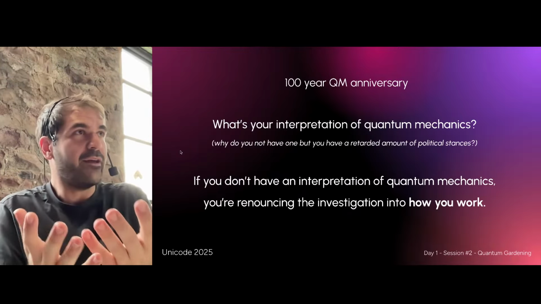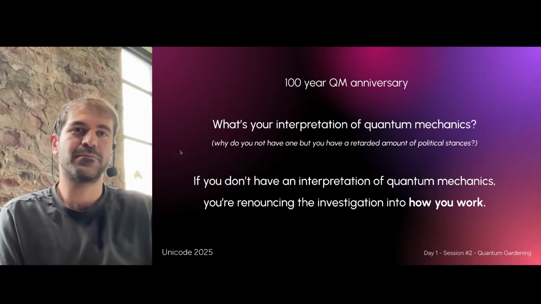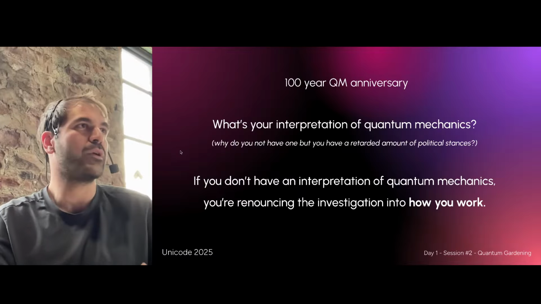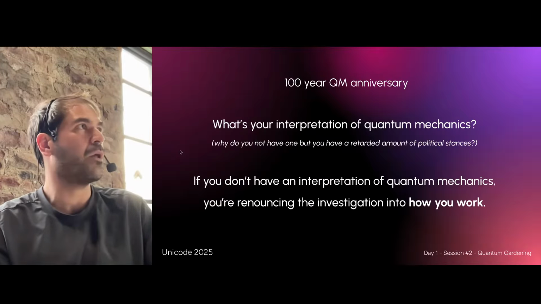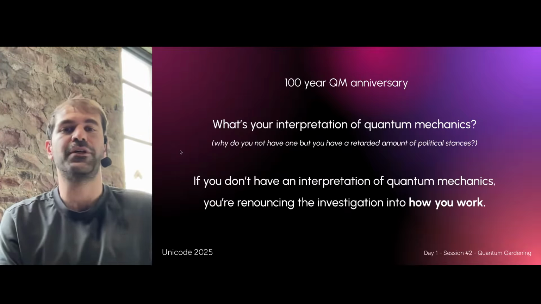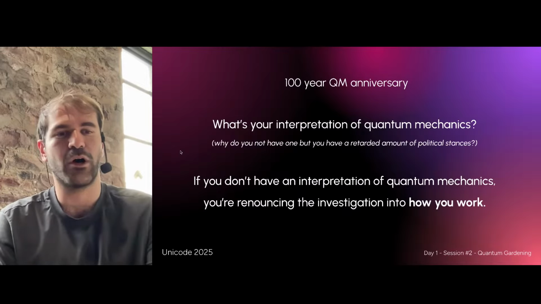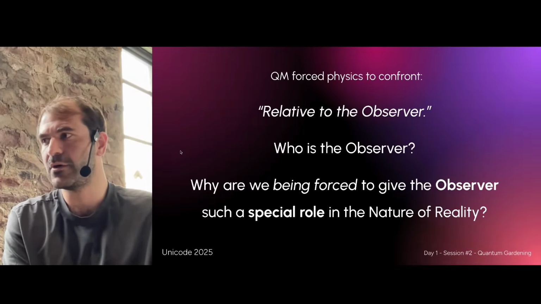Which is fine if that's your orientation. But if you actually care about truth, if you care about reality with a capital R, then you should care about quantum theory and quantum mechanics and interpretations of quantum mechanics, which we're about to dive into right here.